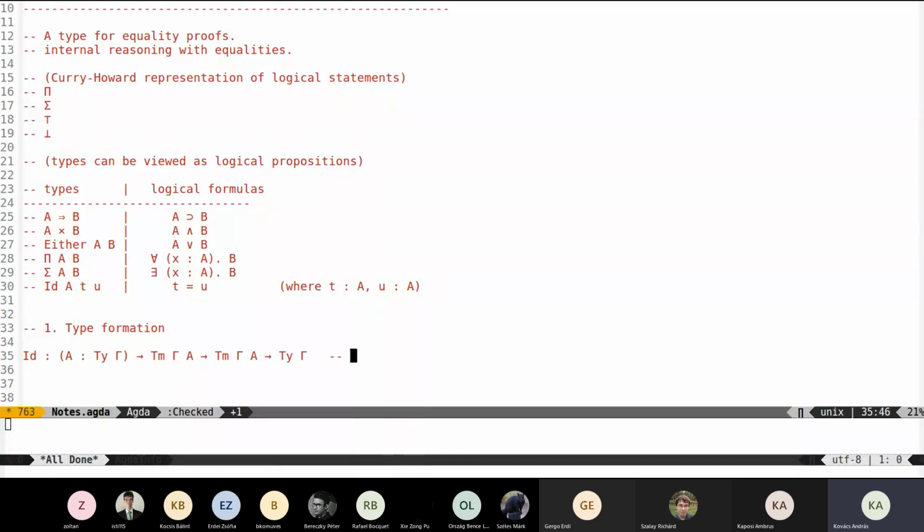So basically, this is a type former depending on two terms.